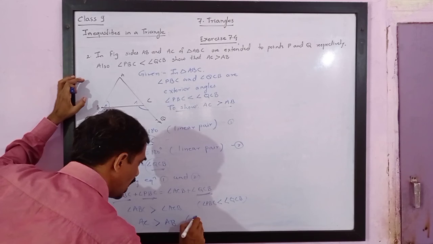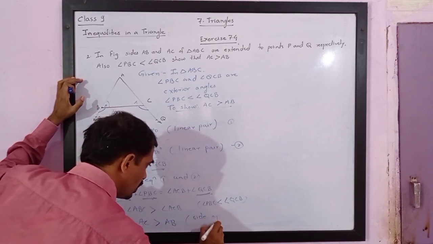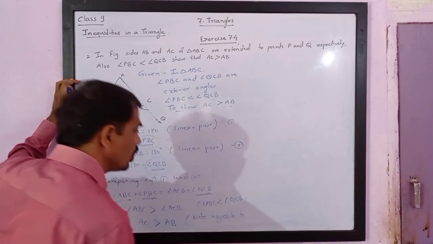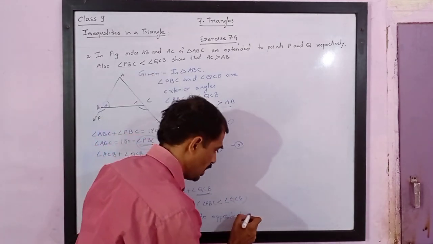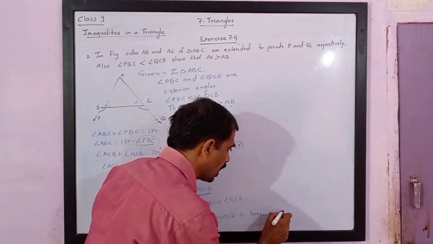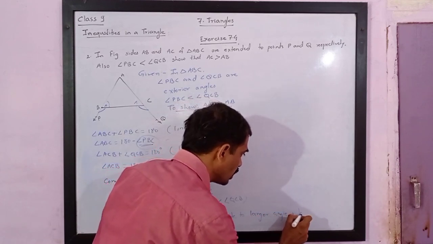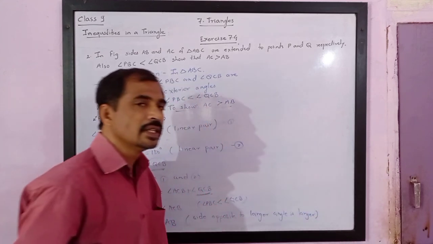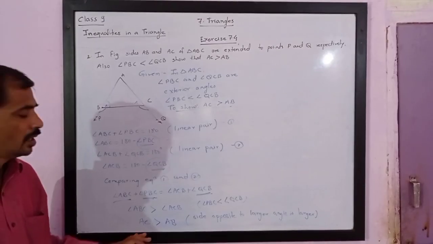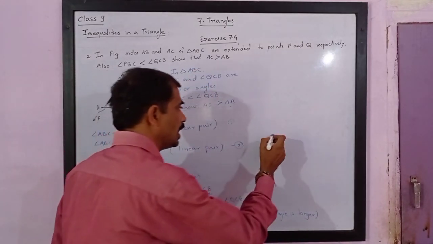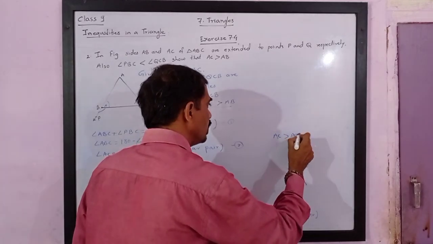The reason is the side opposite to the larger angle is larger. Thus, we have proved that AC is greater than AB.